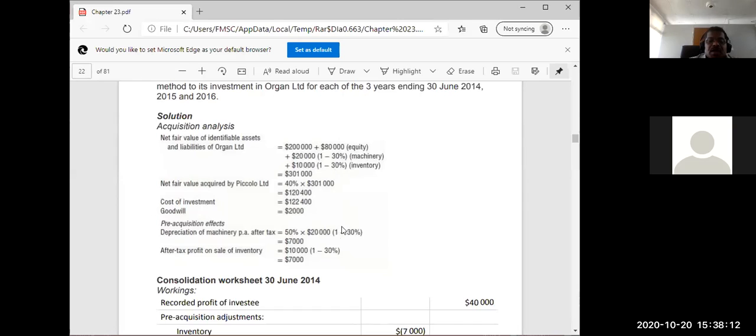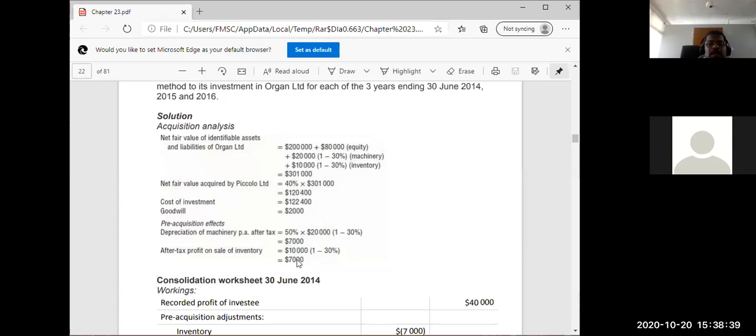So now you see the 20,000 minus 30%, that is the net of tax, and you take 50%. Why do you take 50%? Because of 2 years depreciation, you divide it by 2. That means 50%. So here 7,000, and here the net of tax figure for the inventory is 7,000.